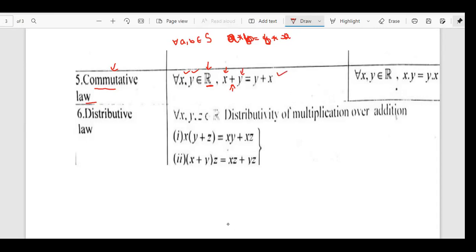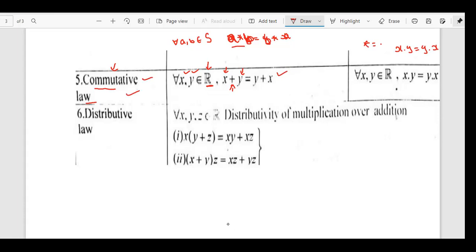And if we talk about multiplication, again we have the same, the only difference is here we have dot, that is multiplication. So X dot Y equals Y dot X, right? By changing the order of elements, the answer should not change. This is what the commutative law says. So are you clear with this? Yes. Very good, very well done.